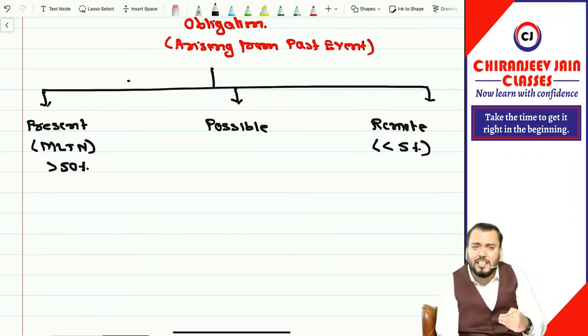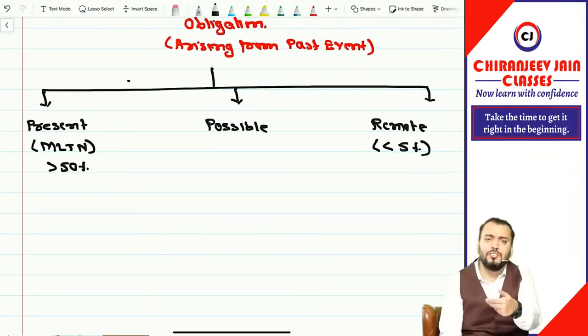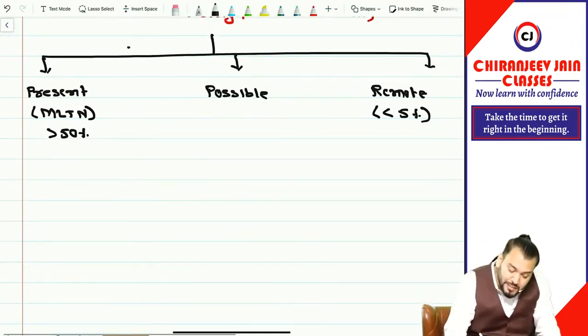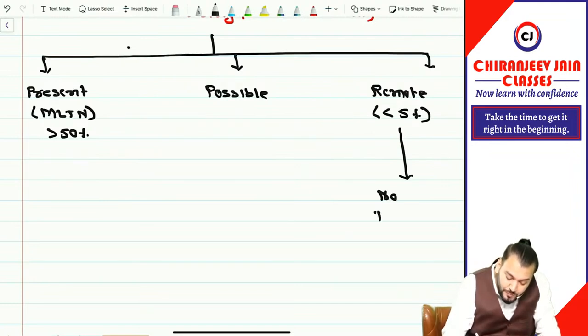When I am saying chances are less than 5%, so can I say insignificant chances? When I am saying insignificant chances, so as per materiality concept, we should ignore it. So what Ind AS 37 says that whenever there is a remote obligation, then no treatment required.